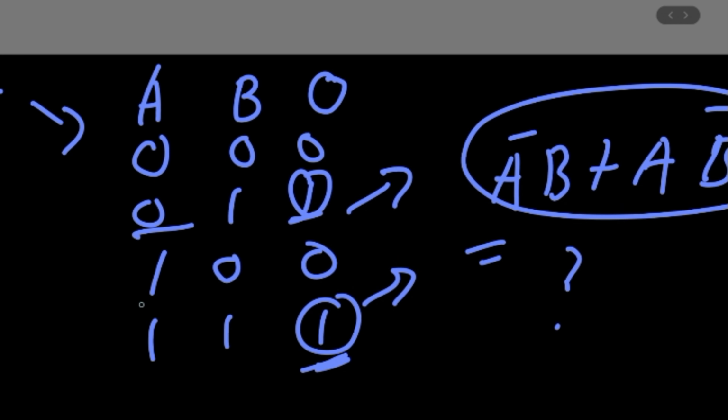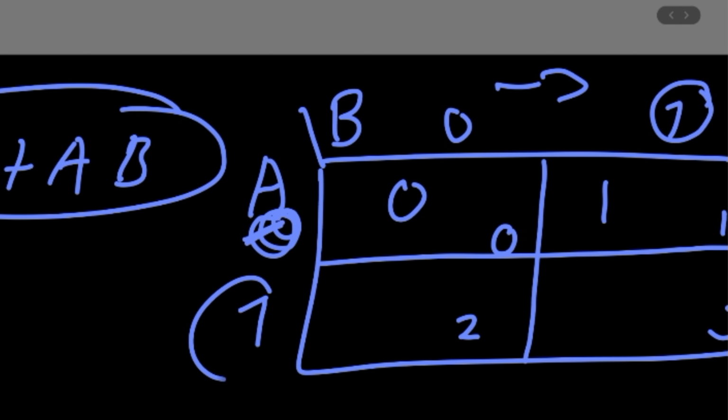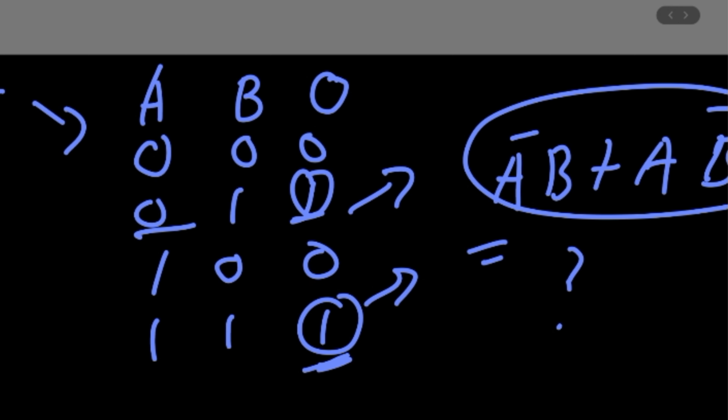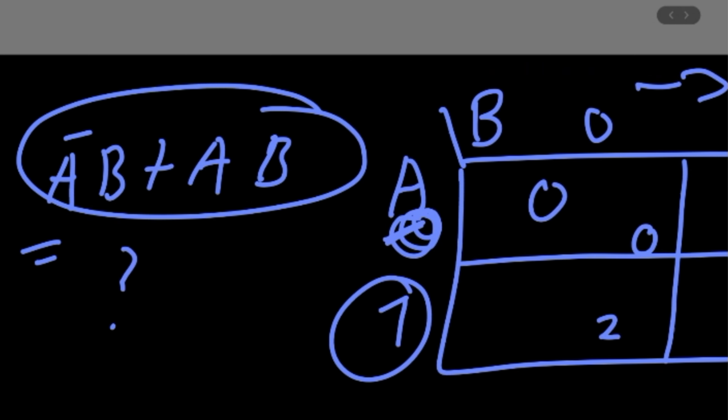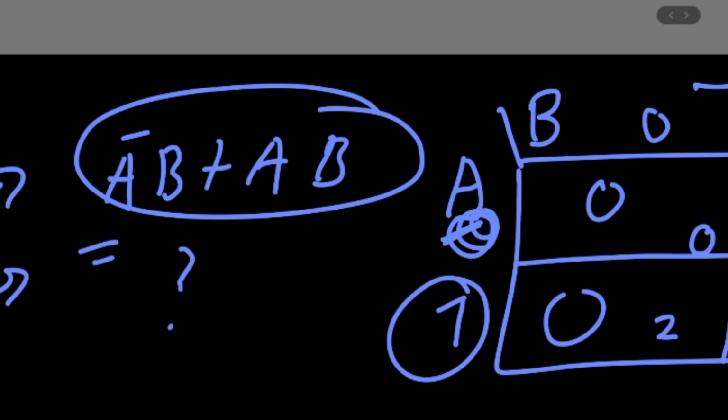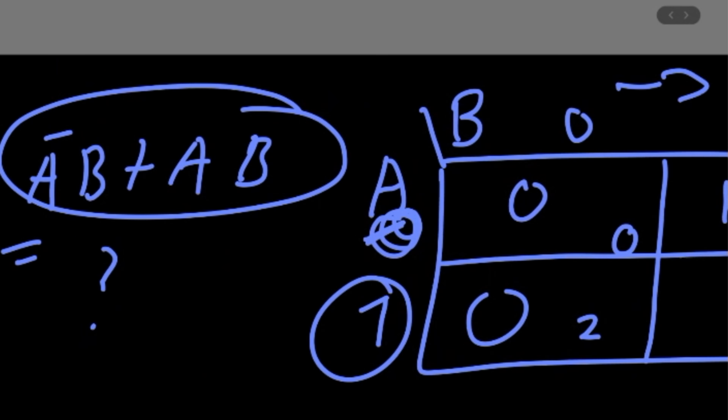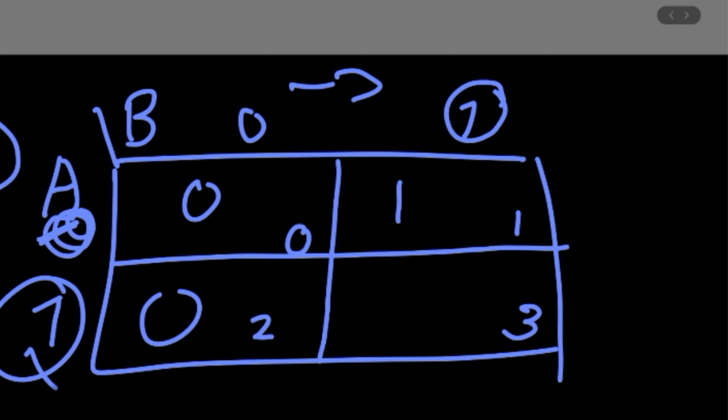Then A1, which is this, and B0, which is this, gives us 0. Whereas A1 and B1, which is this and this, gives us 1. This is how we fill the K-map.